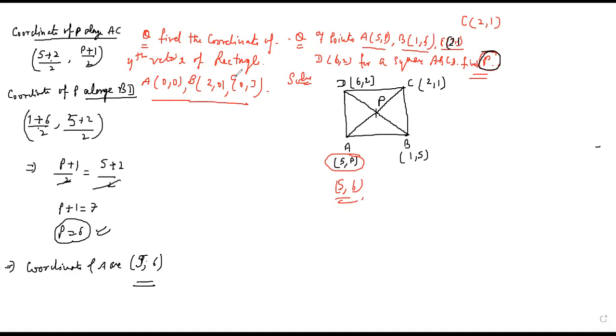You have to find out the coordinates of the fourth vertex. So just draw it first. Draw it. You will get an exact idea how the figure will be formed.